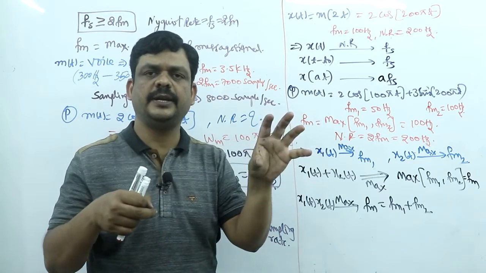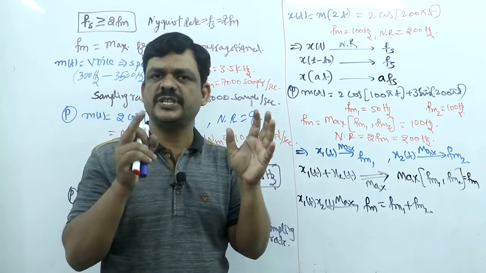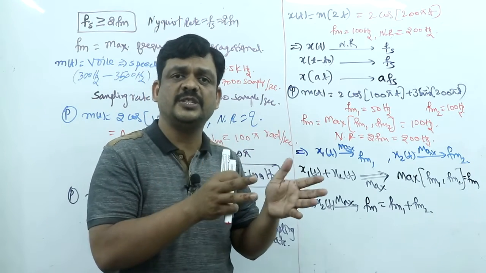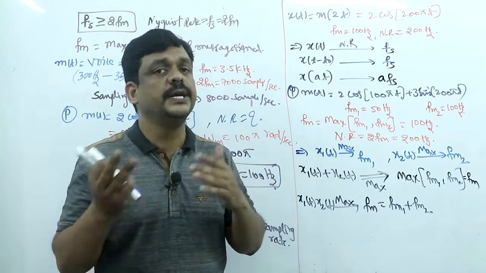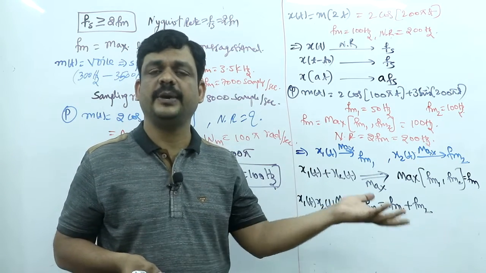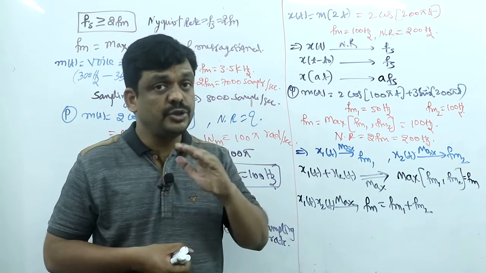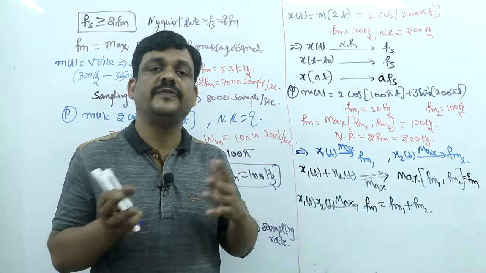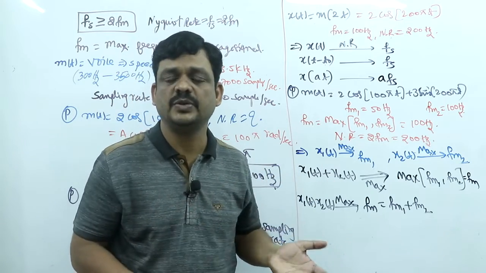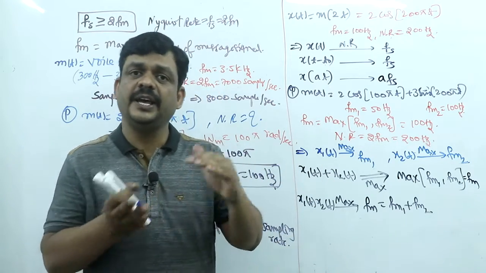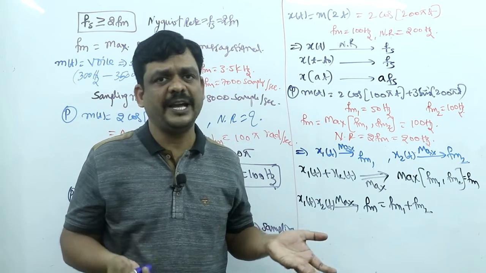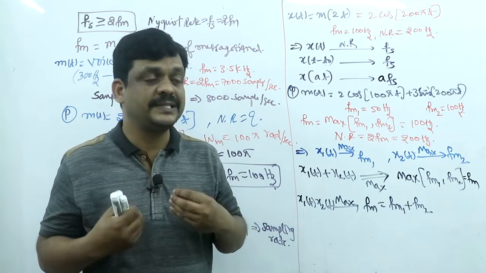From the trigonometric equations, we have one standard equation: 2 sin A cos B is sin of A plus B plus sin of A minus B, right? Similarly, 2 cos A cos B is cos of A plus B plus cos of A minus B. Like that we can write A plus B, A minus B. We want the maximum, so we have to consider the plus condition.